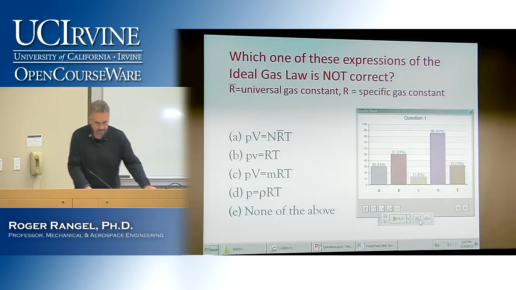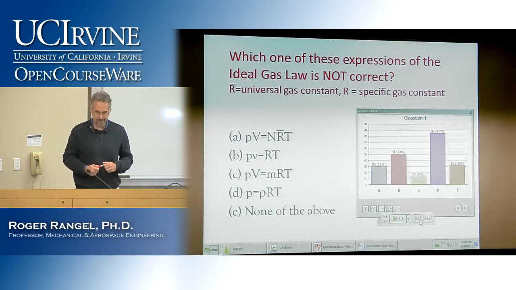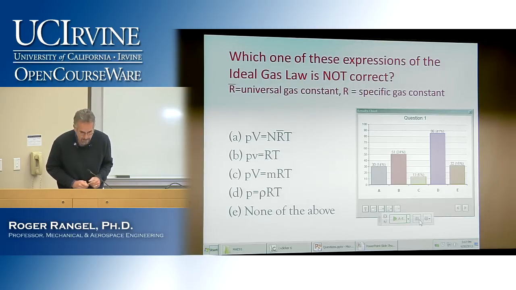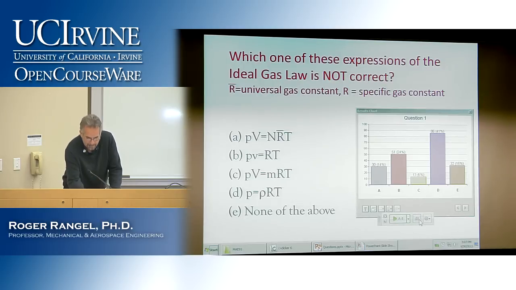If D is not correct, then D would not be correct because rho is m over V. So you want to change, those who said D, you want to change that? What do you change it to? B? Well, little v is capital V over m.